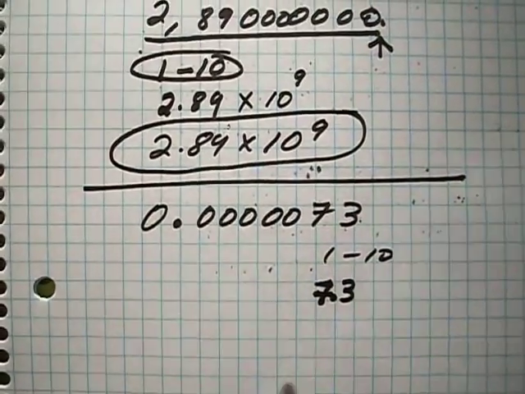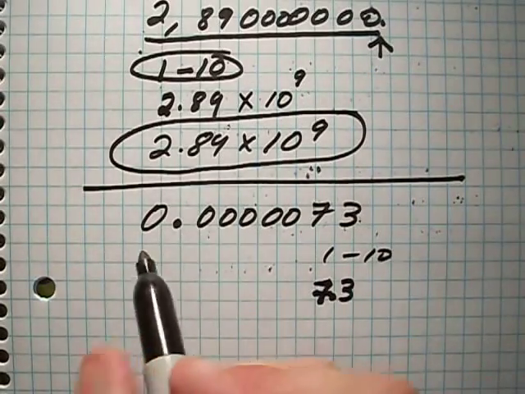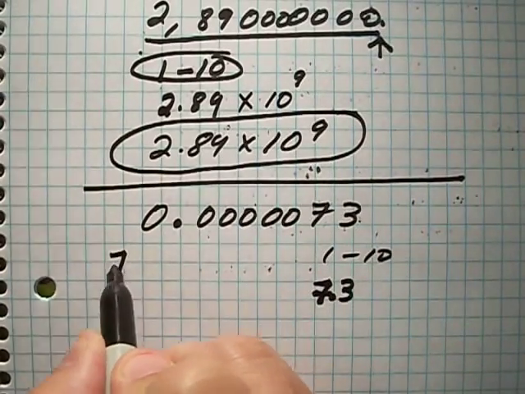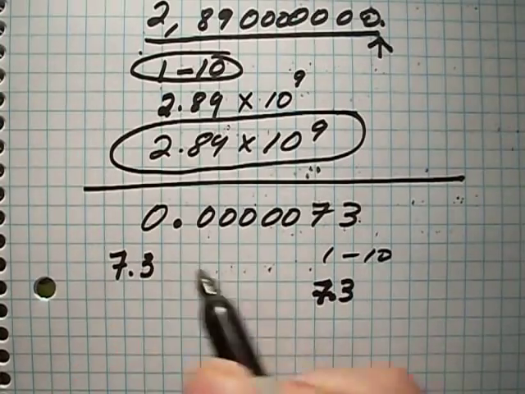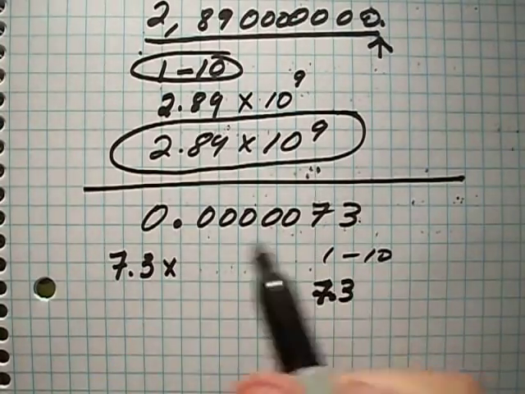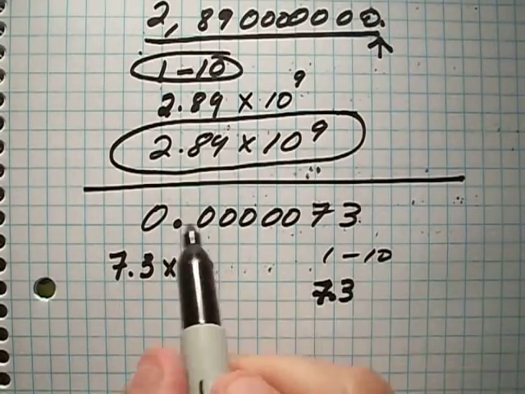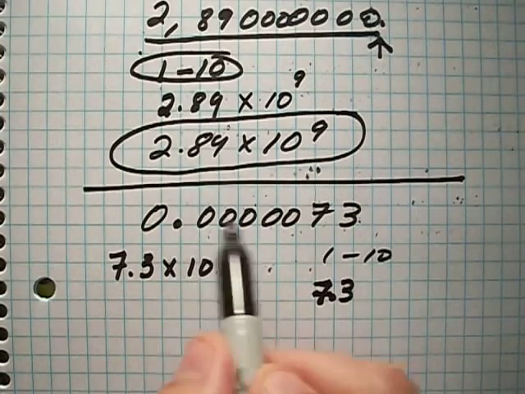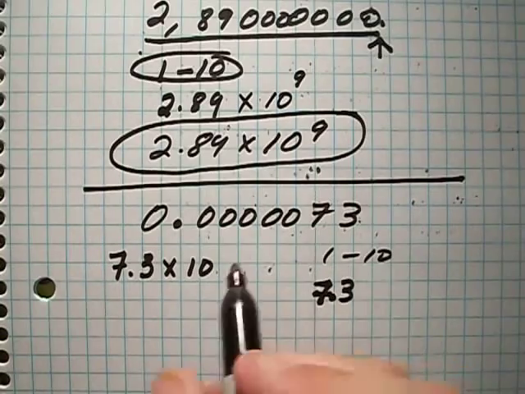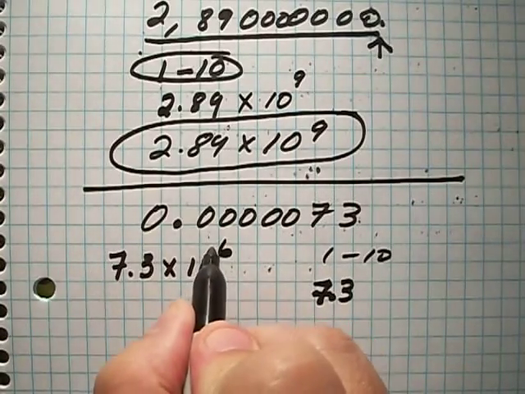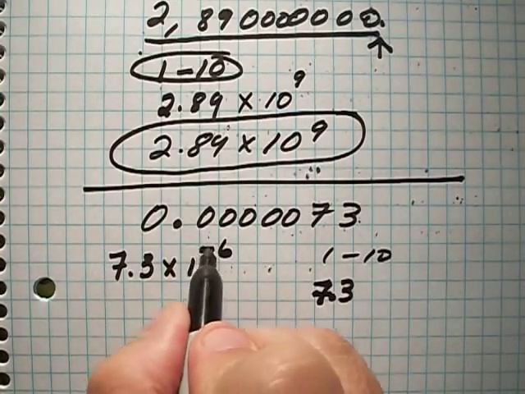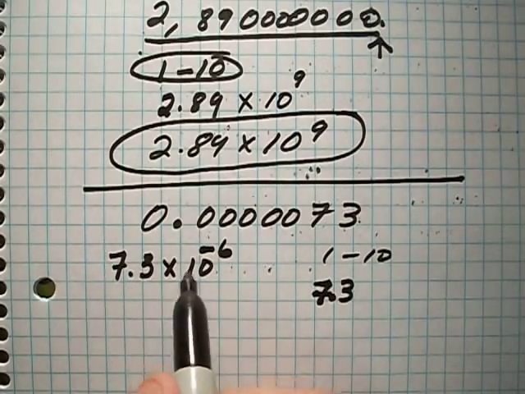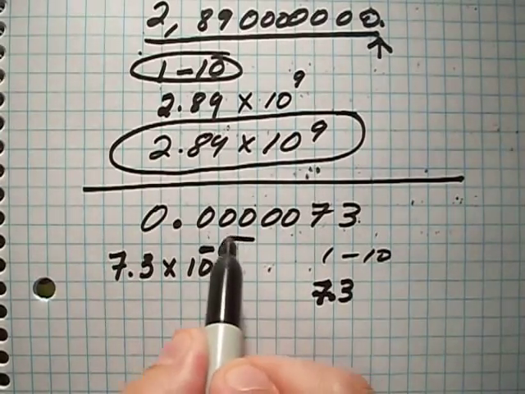To express this in scientific notation, we write 7.3 times 10, and in this case we counted the digits going to the right, 1, 2, 3, 4, 5, 6 places, and so we express this with a negative: 7.3 times 10 to the negative 6.